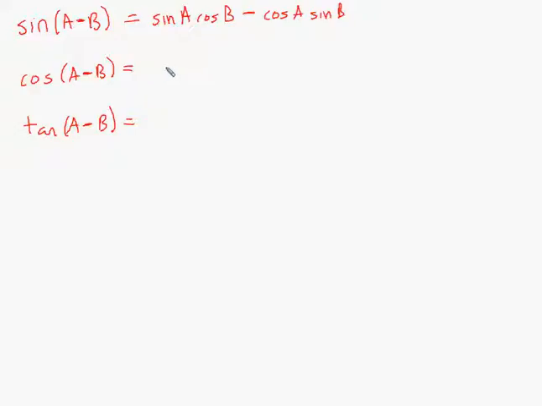But now, because it's a difference formula, it's actually just the exact opposite of that. Now with a plus sign. In tangent, pretty close again to the other one. But now, instead of a plus, a minus.